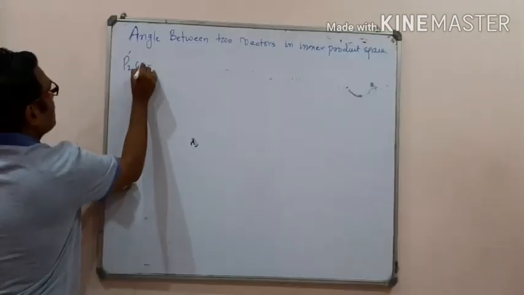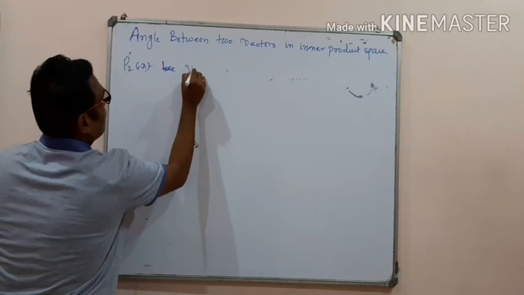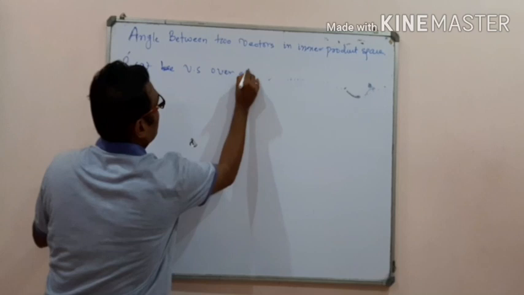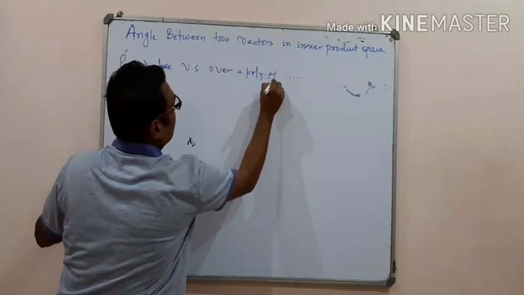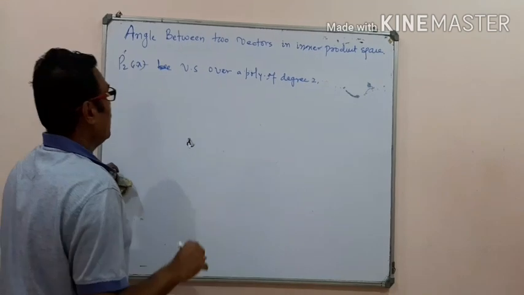Let P2(x) be the vector space over polynomials of degree less than or equal to 2.